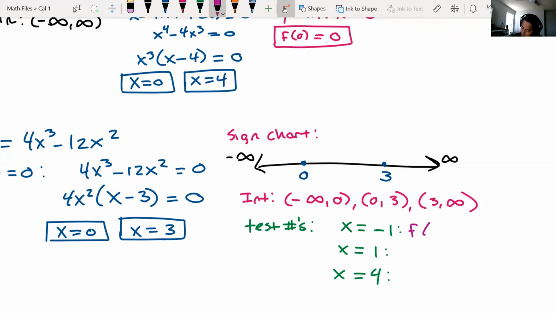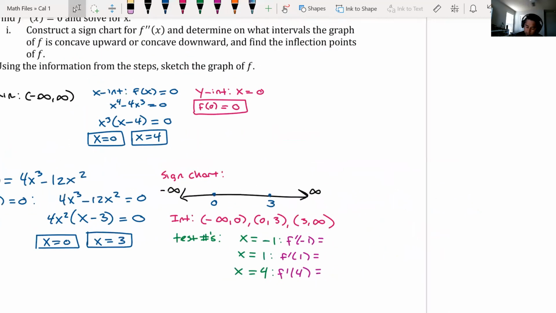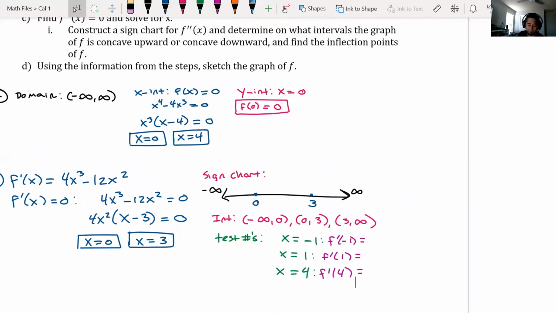And here you'll get f prime of negative 1, f prime of 1, and f prime of 4. Now plug those into the first derivative. I'm only going to care about the sign this time, not the number. If I plug in negative 1, that's negative 4 minus negative 12, so we'll get a negative number.